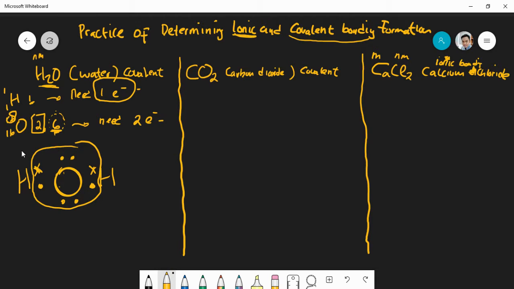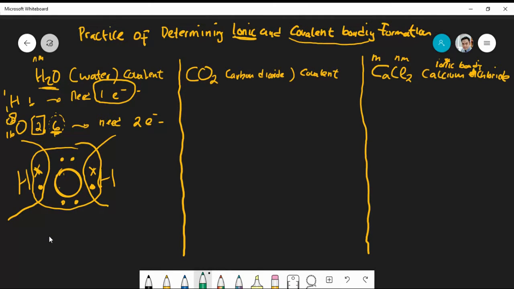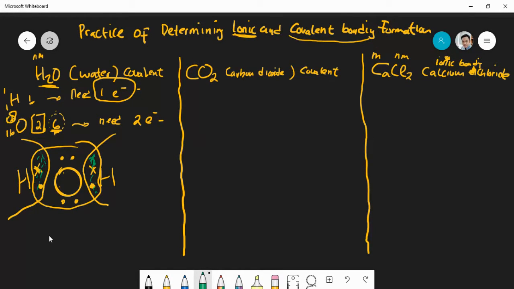And then each hydrogen will also have these electrons. Take a look at this one, let me give you another color. In here you can see it's like a Venn diagram, where this pair of electrons is actually owned together.